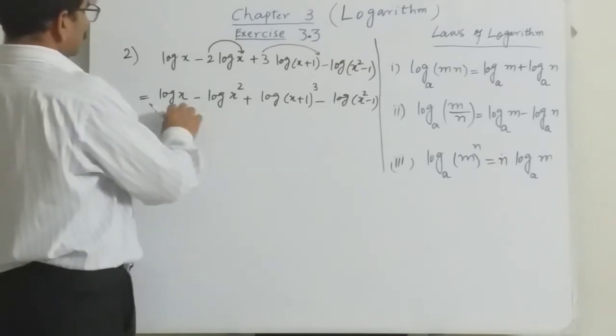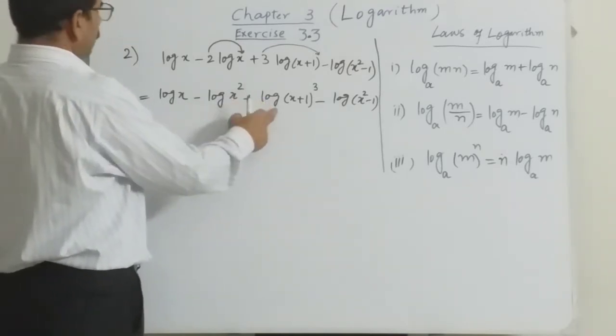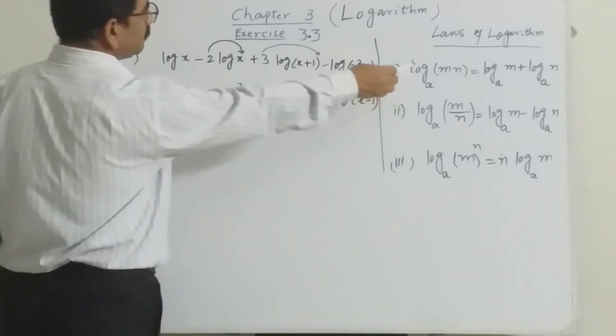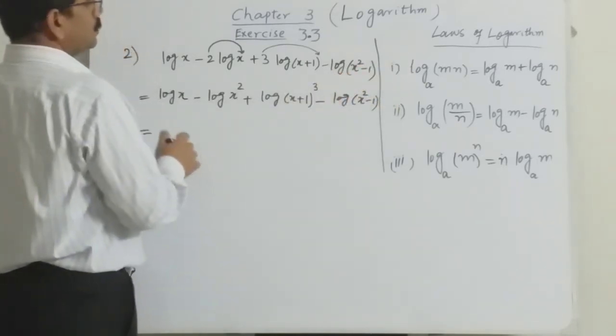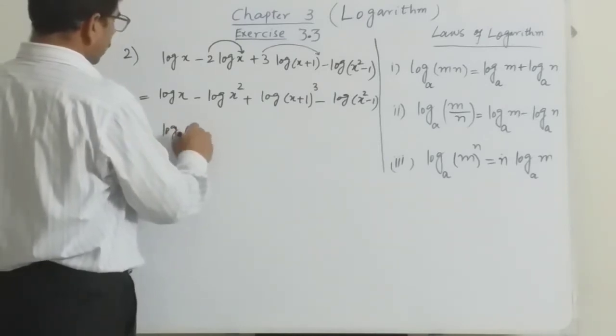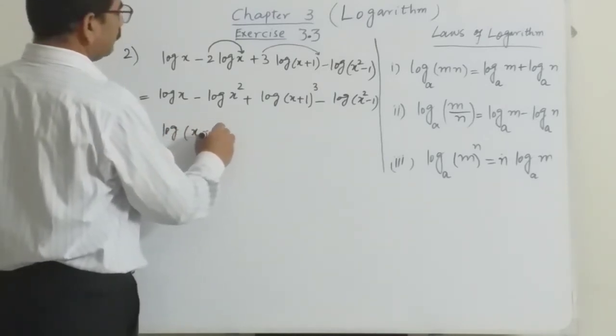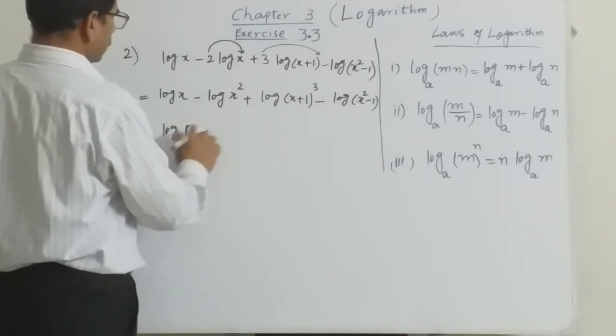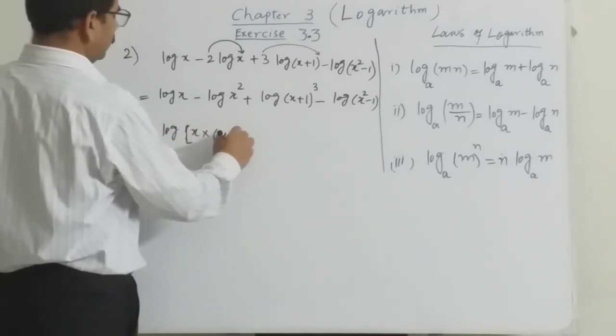Now the sum of logarithms of two numbers will be written as the logarithm of the product of those two numbers according to the first law. We can write it as log of x multiplied by x plus 1 whole cube.